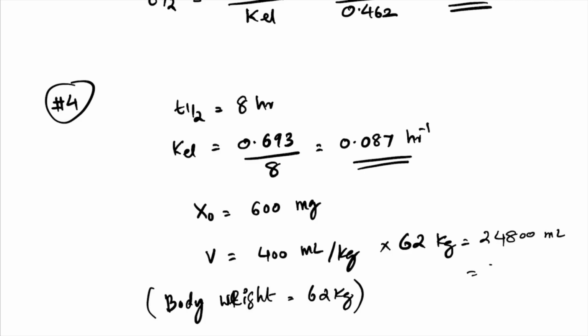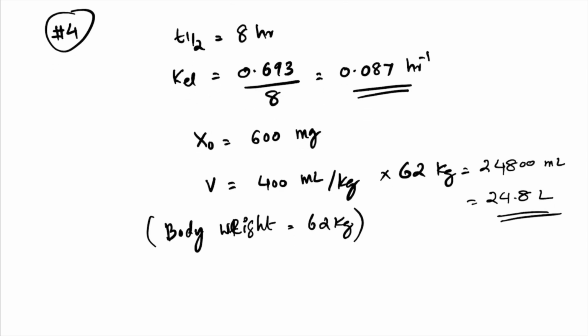If we convert that into liters, it's 24.8 liters. So we have calculated the KEL, we have the volume of distribution, we have dose, we have half-life. We can calculate all of this information from whatever is given in the problem.